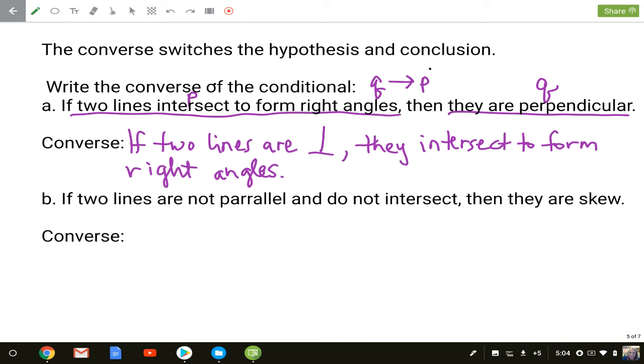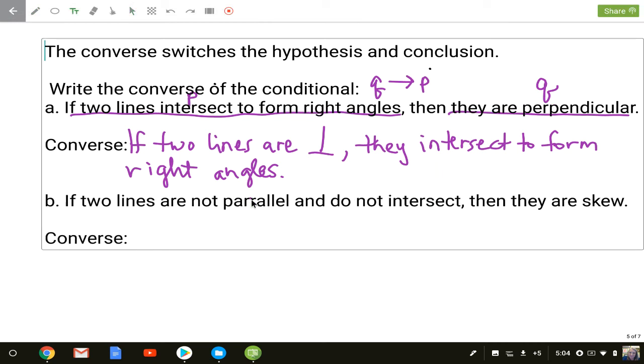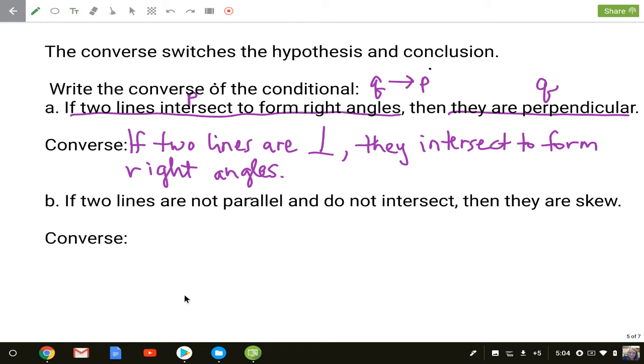All right, now I want you to try the next one. If two lines are not parallel and do not intersect, then they are skew. I want you to write that as the converse. Okay, here, two lines are not parallel and do not intersect, that is the hypothesis.